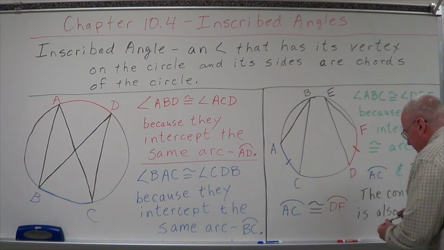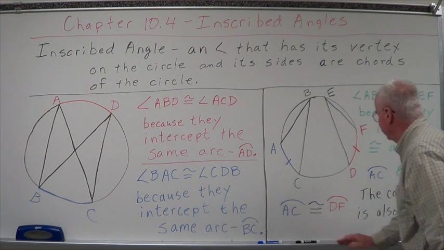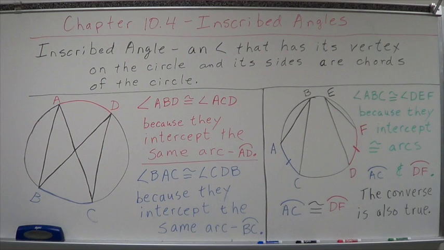What's the converse of that? If I have two congruent angles, then the arcs that they intercept are also congruent.